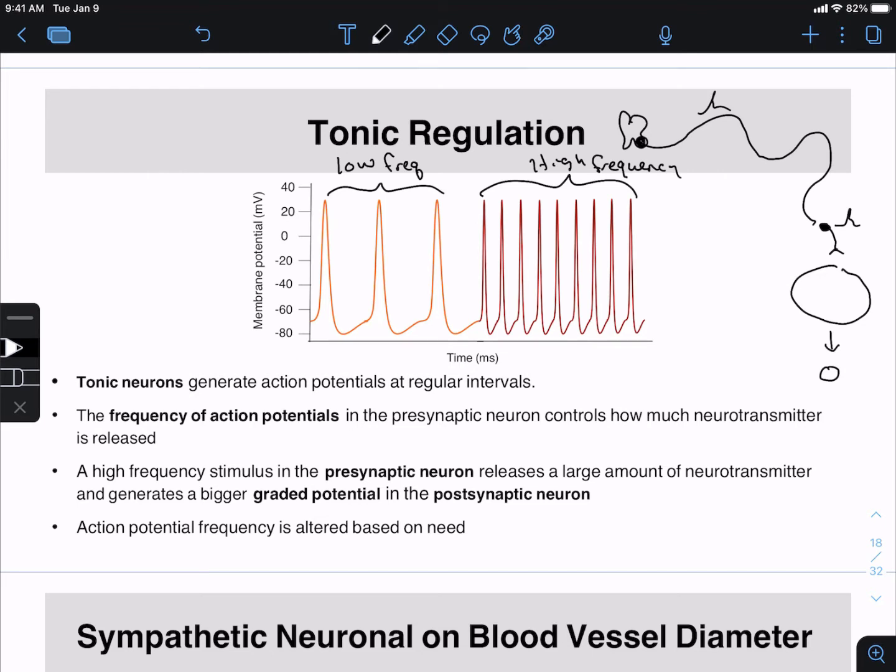So dilation of those bronchioles is by low frequency, and high frequency causes constriction. Again, this is in the respiratory system, the bronchioles, which are innervated by the parasympathetic nervous system.